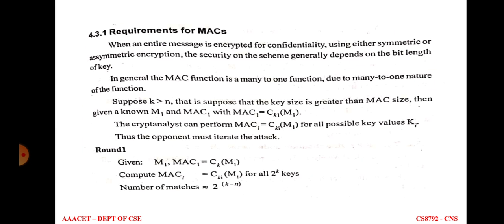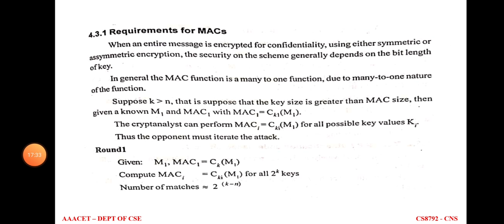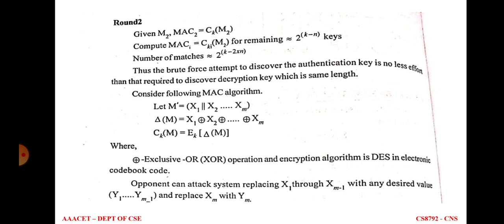So here there are some repetitions to be performed. For round 1 we compute MAC1 = C_K(M1) and compute the MAC value by applying the 2 power K keys. Similarly we can do for round 2 and up to round n.